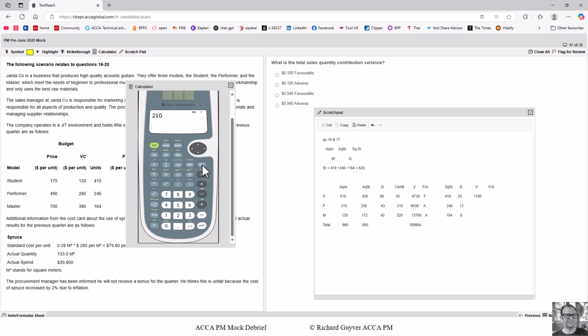This time the contribution of 210 by 12 is 2520. And this time the contribution is 320 and the difference is 8, so it's 2560.